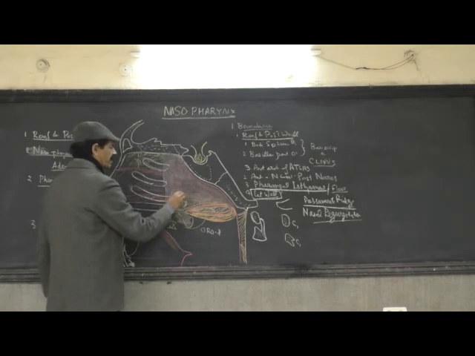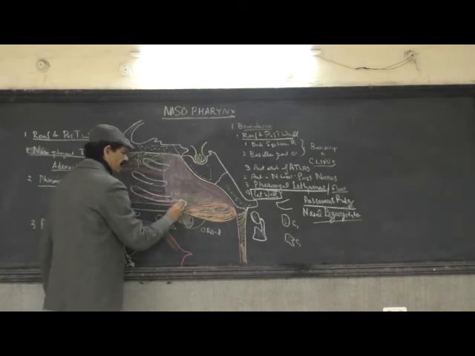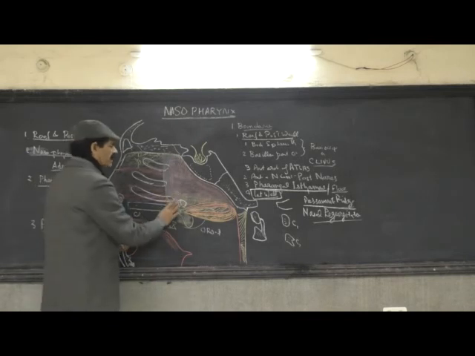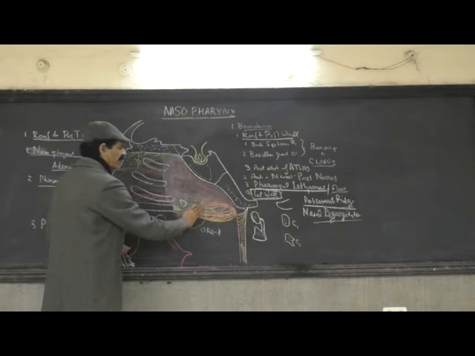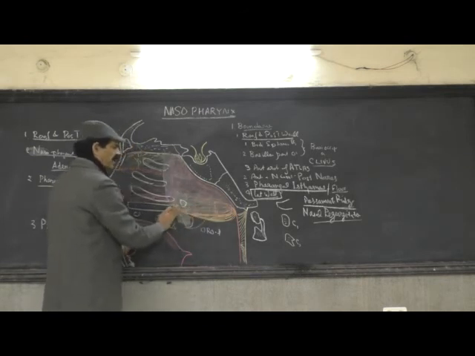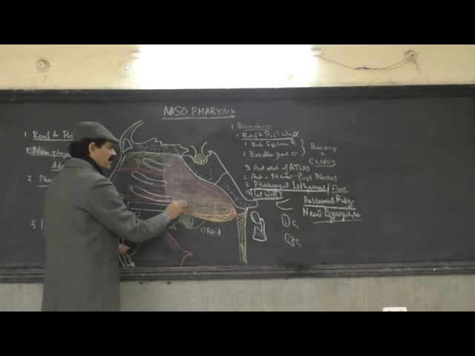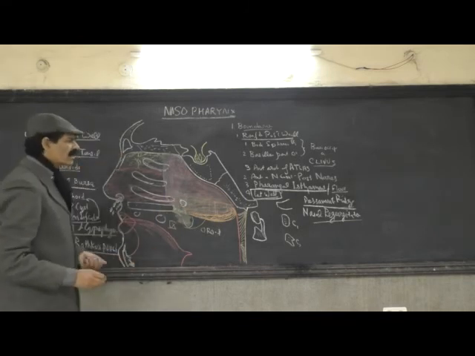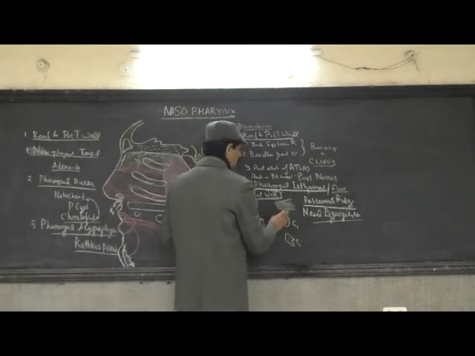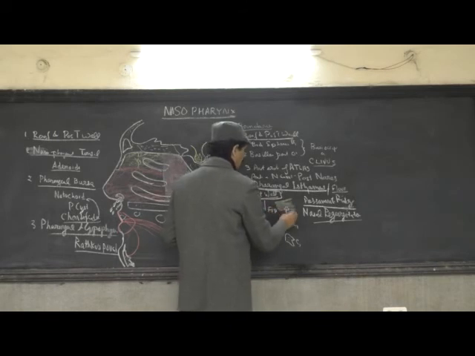This opening is surrounded by a depression. It is not in line with the surface, but lies a little below the surface in a depression that is called the fossa of Rosenmuller. The first feature of the lateral wall is the fossa of Rosenmuller.